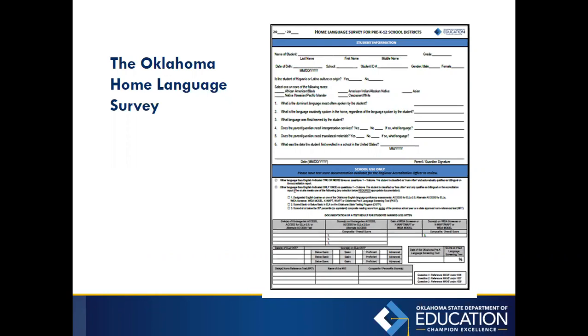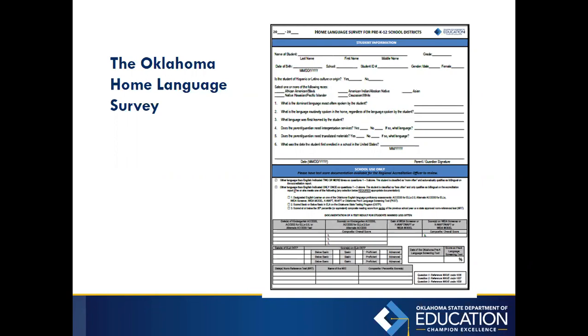So the first one is, what's the dominant language most often spoken by the student? The second, what is the language routinely spoken in the home? And the third, what language was first learned by the student? And then it asks whether the parents need interpretation or translating services, and if so, from which language.